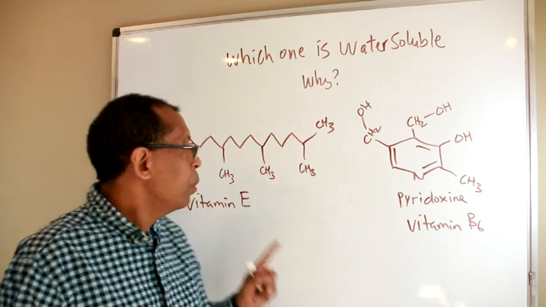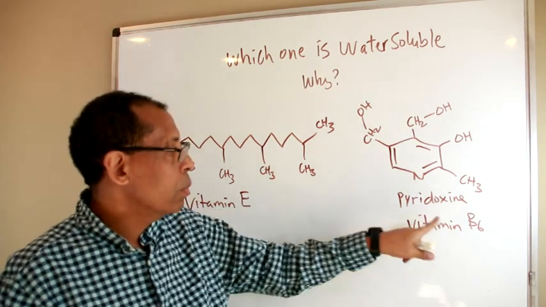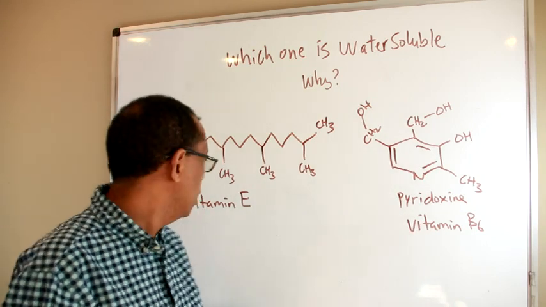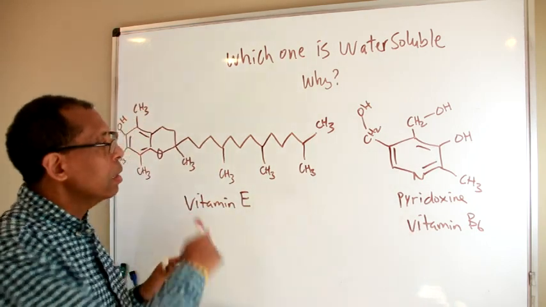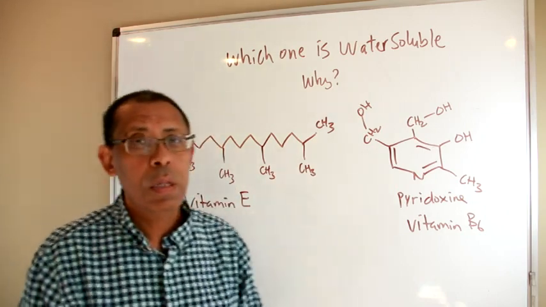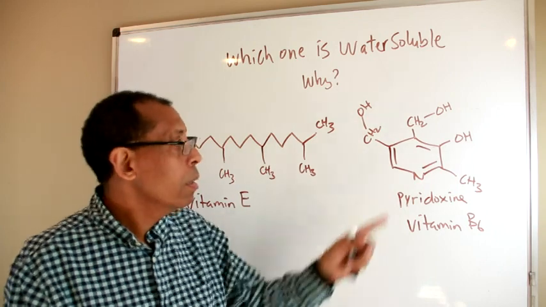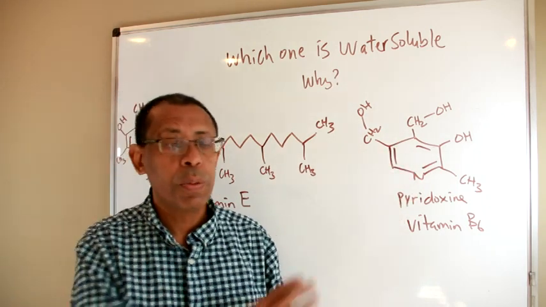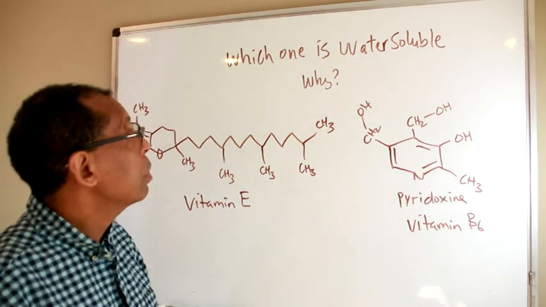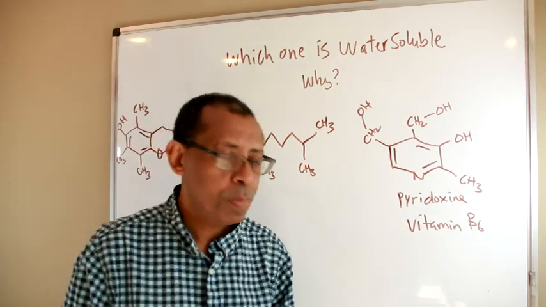Here in this problem we have 2 compounds, vitamin B6, which is called pyridoxine, and vitamin E from the left side. So the question is, based on the molecular structure and the functional groups in the molecules, which one do you think is more water soluble?